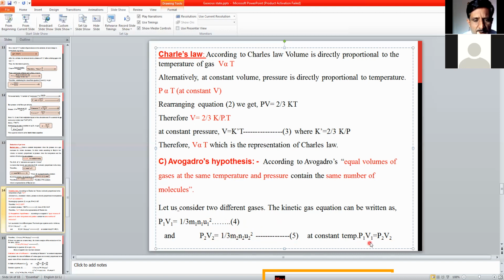At constant temperature, P1 V1 is equal to P2 V2. According to Avogadro's hypothesis, at the same temperature and pressure, the number of molecules is the same. So P1 V1 is equal to P2 V2. Let us move to the next slide.